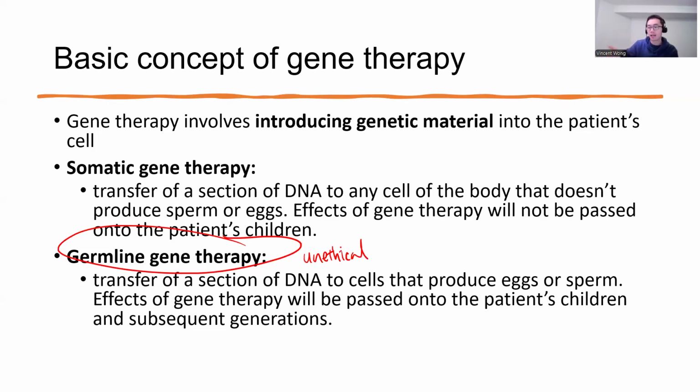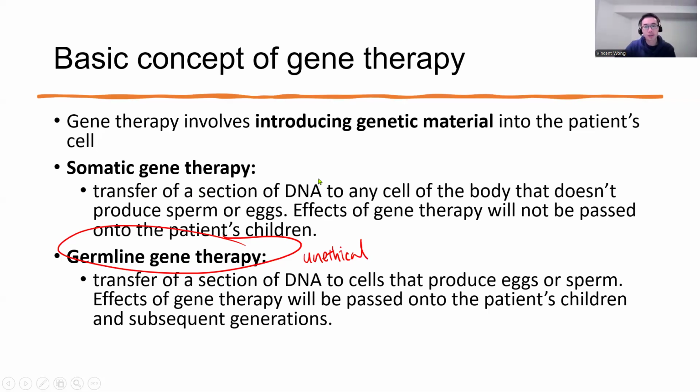You can't alter the life of a person before the person is born, so to speak. It is not an area of active research, even though we have the technology to do so.